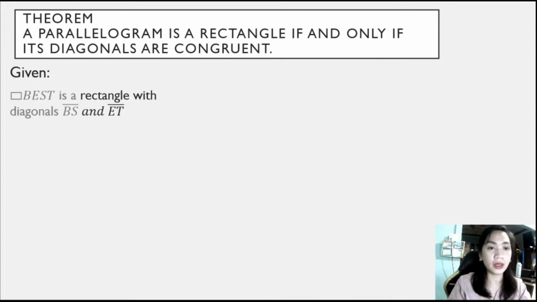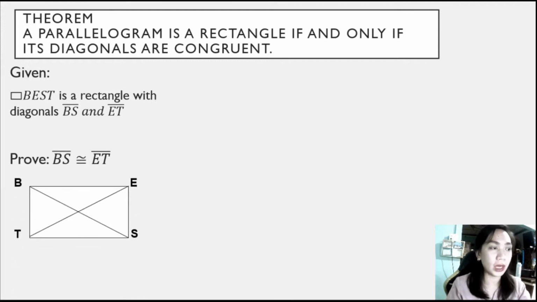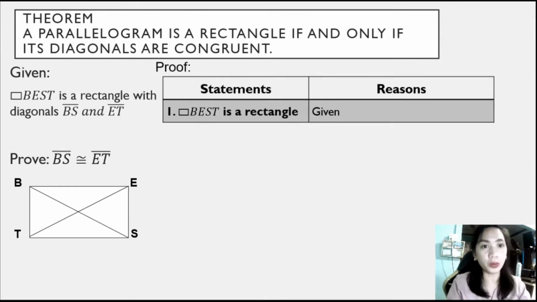So, let's have the given. BEST is a rectangle with diagonals BS and ET. We're going to prove that BS is congruent to ET using the two-column proof. The first statement is BEST is a rectangle. The reason is given, kasi it was illustrated here.